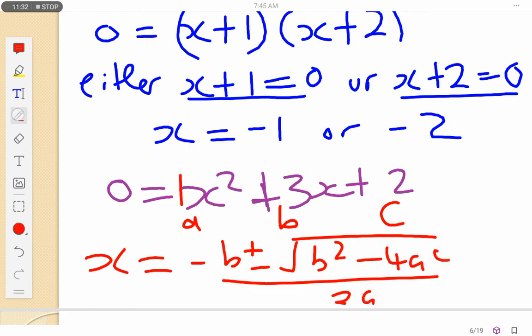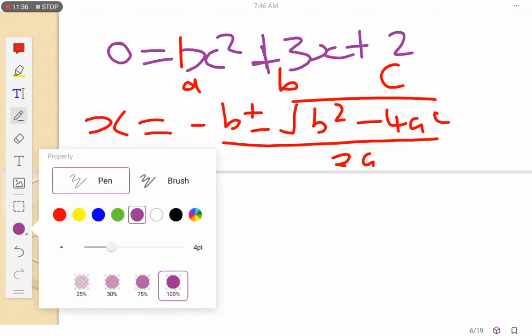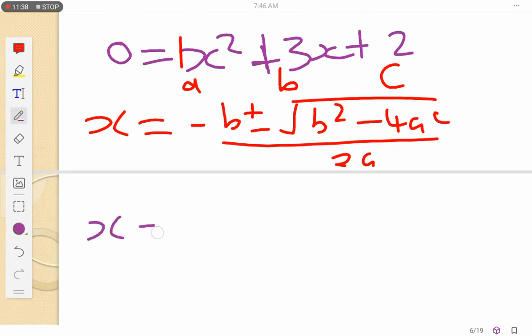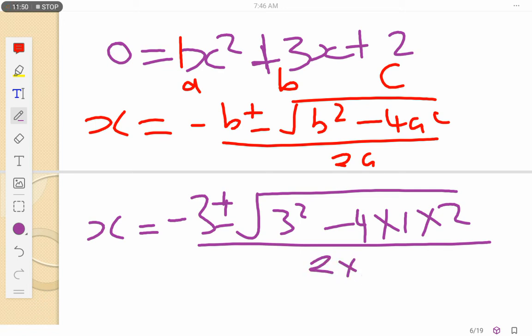Okay, so let's substitute then. Substituting, I'll get our x is equal to minus 3 plus or minus the square root of 3 squared minus 4 times 1 times 2 all over 2 times 1. Okay, like that. Let's add and see what we get.